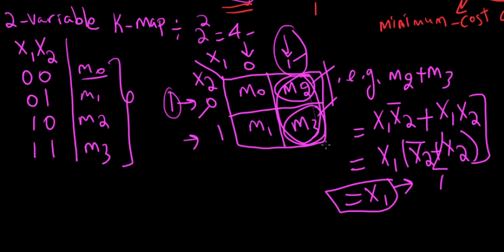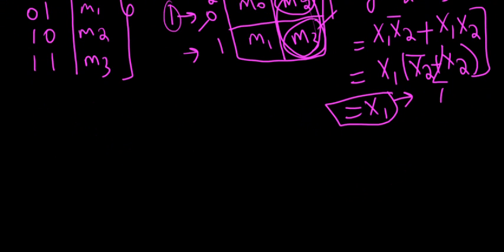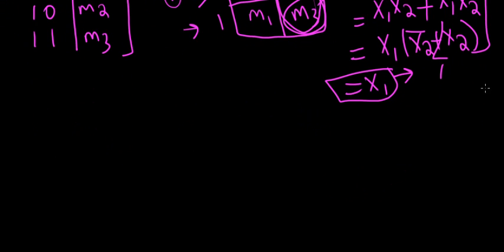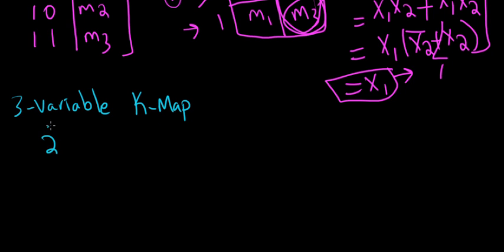Now we can go to three variable KMAP so you'd see it very clearly, and I'll show it to you shortly. So what we do here is with three variable KMAP, like I said earlier, you have 3 inputs, so you end up with 8 different combinations.